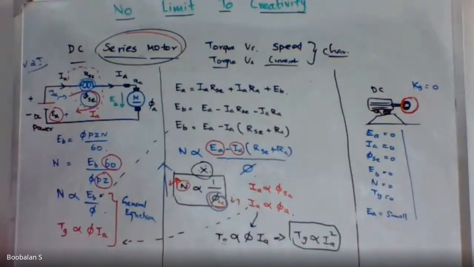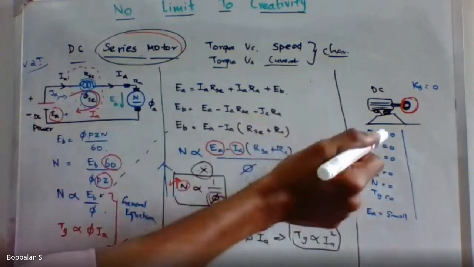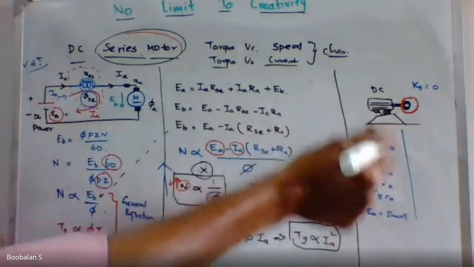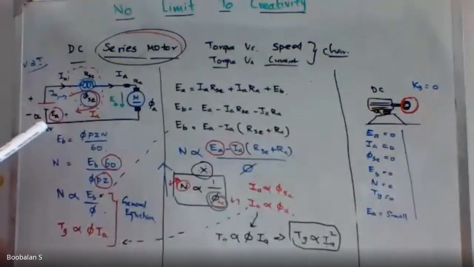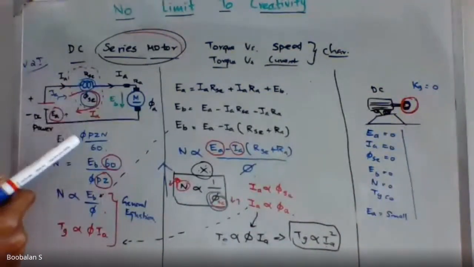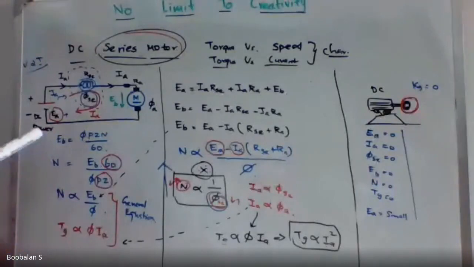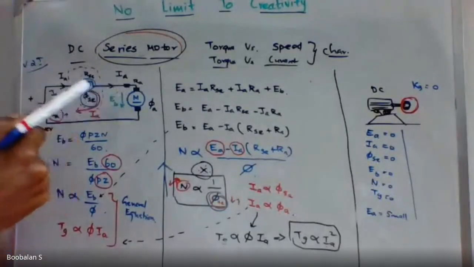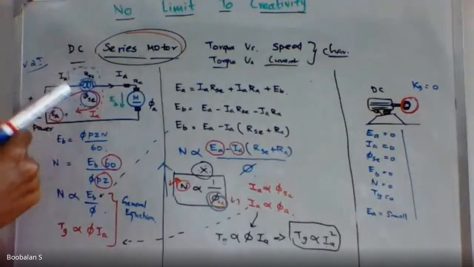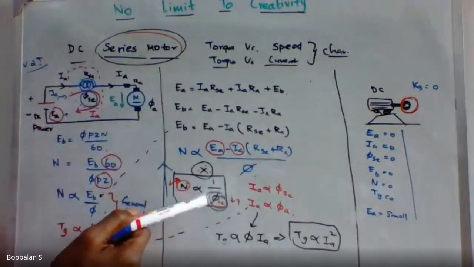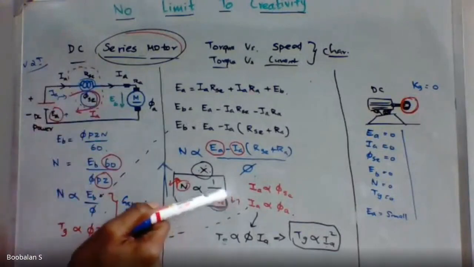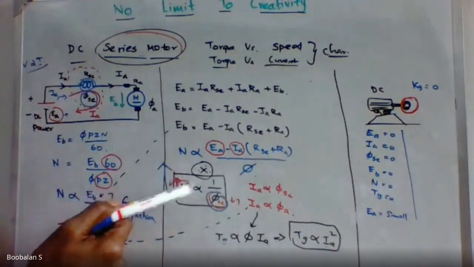Because EA is zero there was no problem. At steady state EA, IA, everything is zero. But whenever I apply a small voltage to start my motor, a small current flows in the entire circuit, which introduces a very small flux, and that induces very high speed.